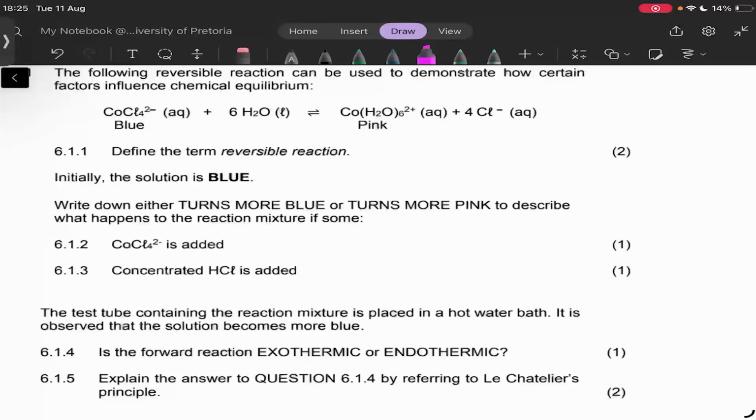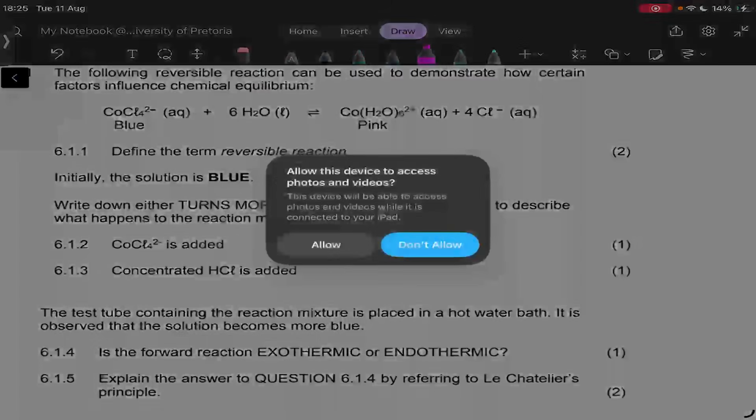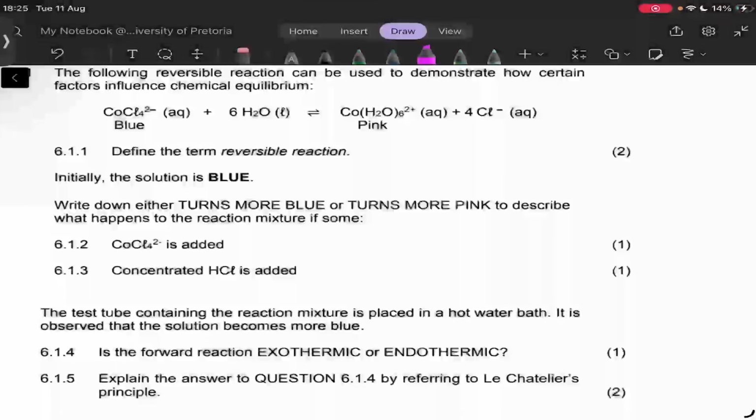We are told that the solution is initially blue. We have to write down either turns more blue or turns more pink to describe what happens to the reaction mixture if some cobalt chloride, CoCl4, is added.